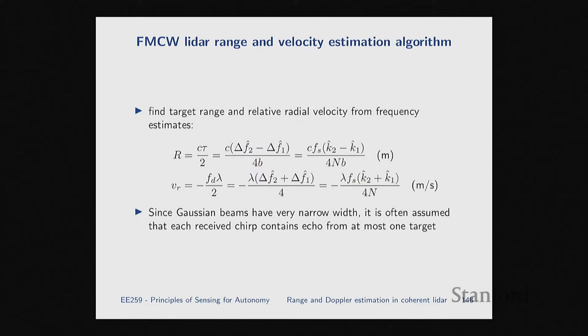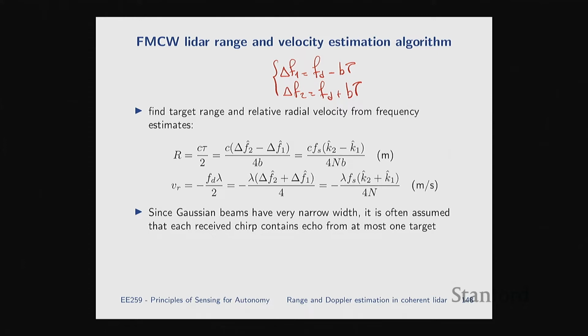Very simple, right? Because remember, we had something like delta f1 equal to fd minus b tau, and delta f2 equal to fd plus b tau, right? Double check this, but I think that's what we had.